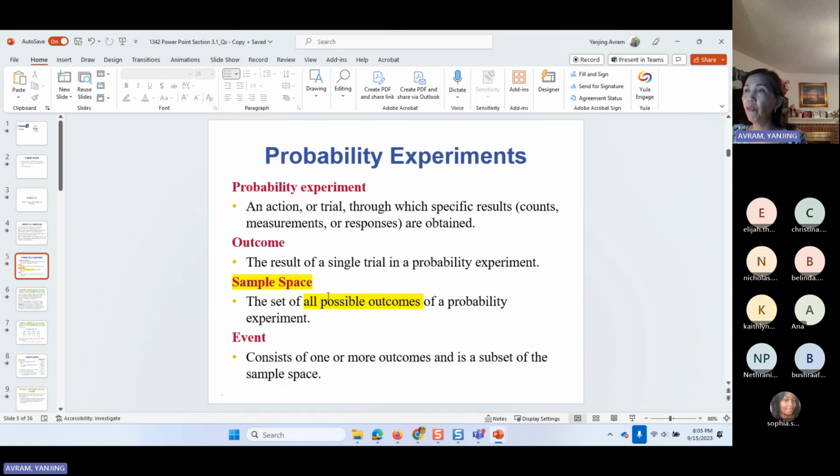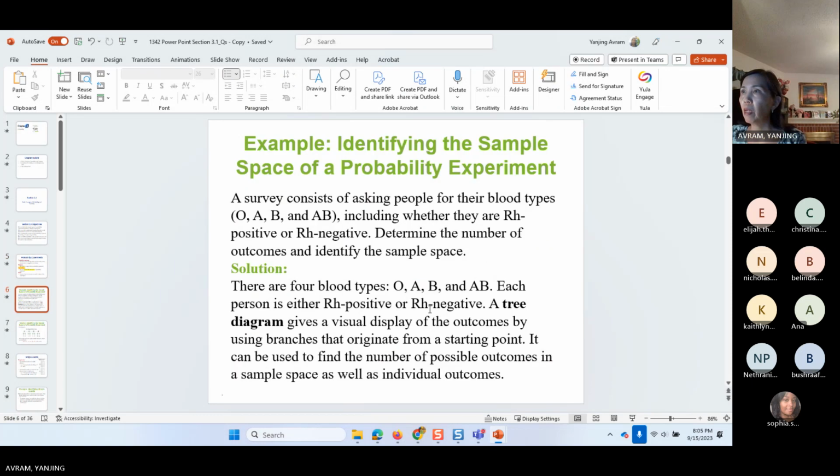For example, if you flip a coin, you're gonna have either head or tail. So head and tail is the sample space. We have 2 possible outcomes here. An event consisting of 1 or more outcomes is a subset of the sample space. Now identify the sample space of a probability experiment, like blood type.